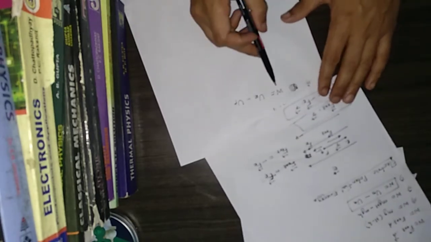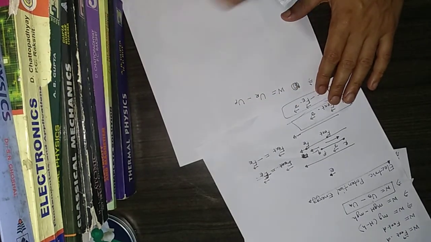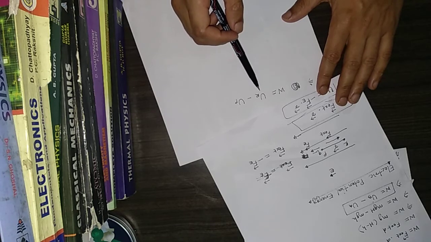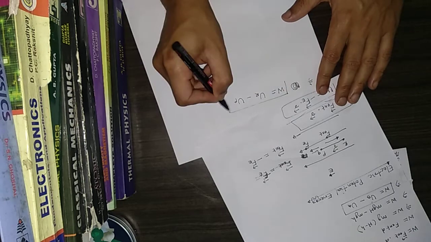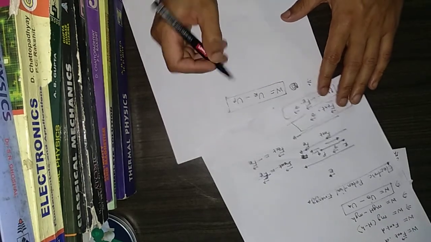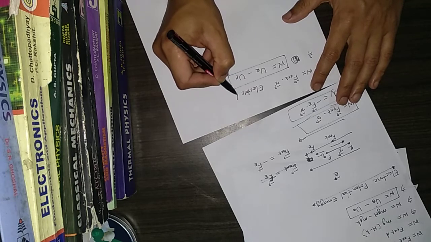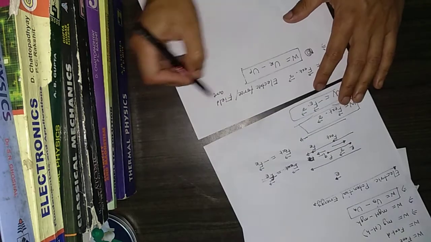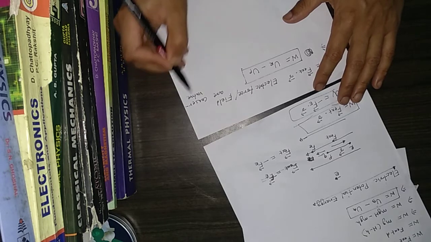So the work done in bringing a charge from point P to R will be the difference in the potential energy of the 2 points. It will be equal to UR minus UP. This is the work done in bringing, because your electric force or electric field are conservative too.